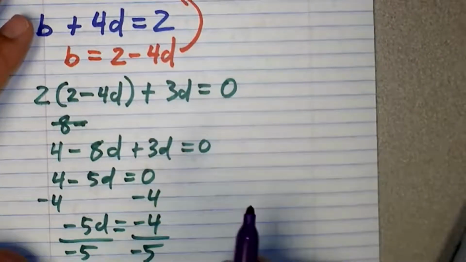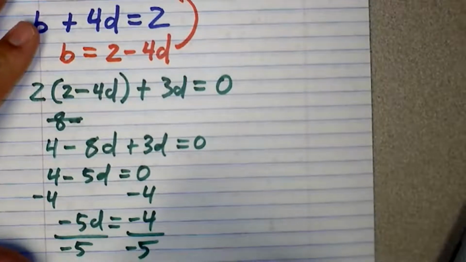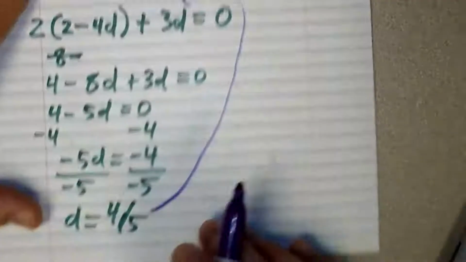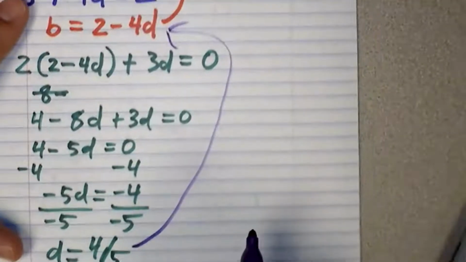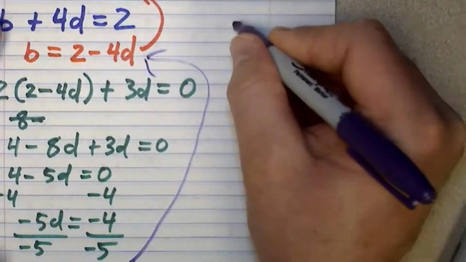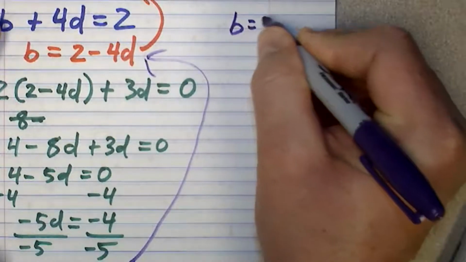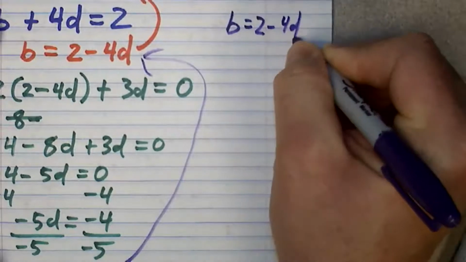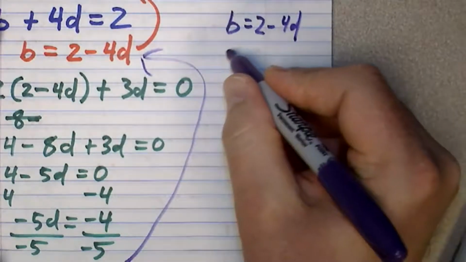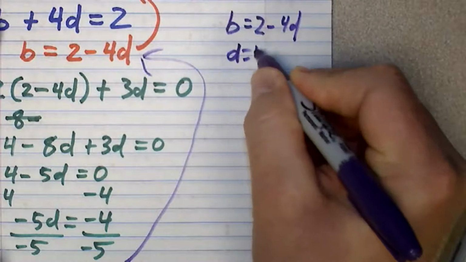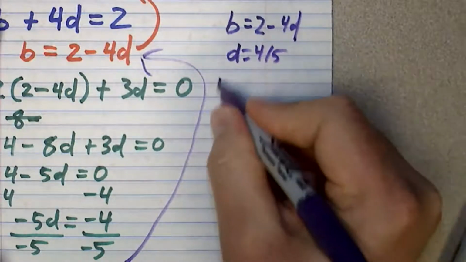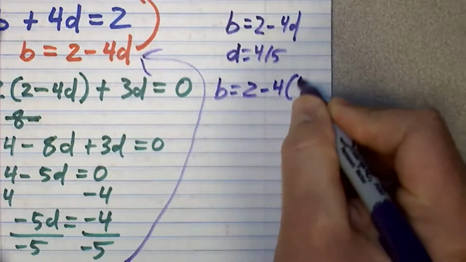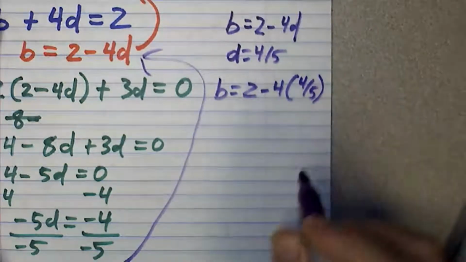And now we can take this, plug it back into this up here. Sorry about that. Okay, so it'll be B equals 2 minus 4D, and we know that D equals 4/5. So B equals 2 minus 4 times 4/5.